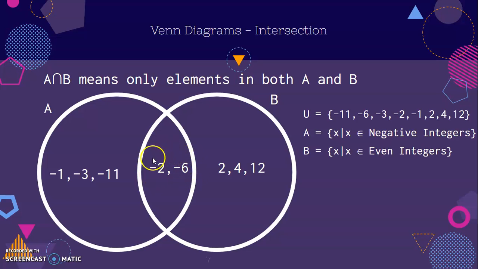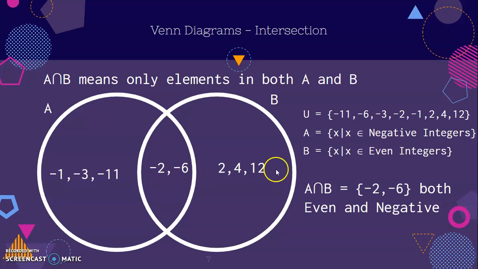That is my intersection of the sets A and B. So it's literally just where I have both negative and even. So it's an and. What things are both A and B? While the union was an or, A or B. So intersection is A and B, union A or B. And just last thing, this is the symbol for intersection.